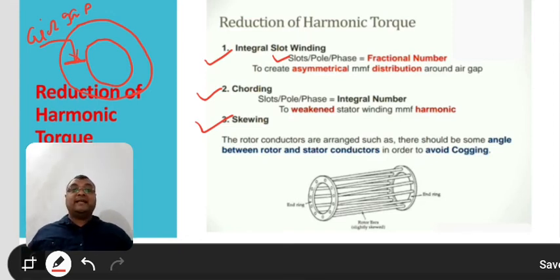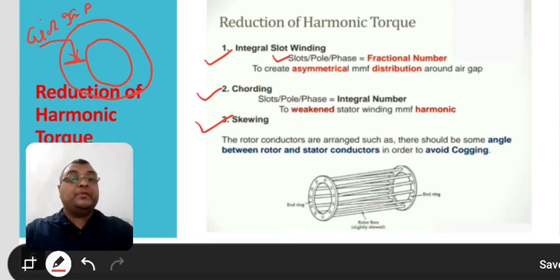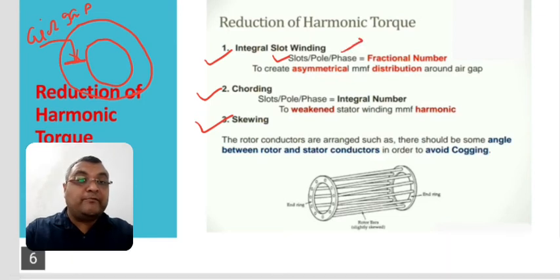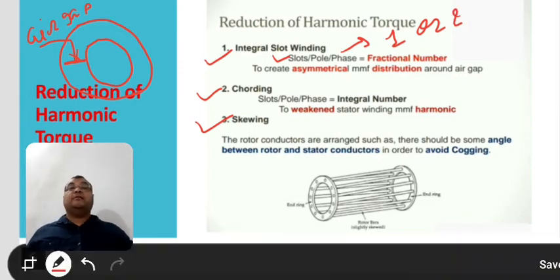The number of slots per pole per phase should not be greater than 2. Generally, for small motors, the slots per pole per phase should not be greater than 2.